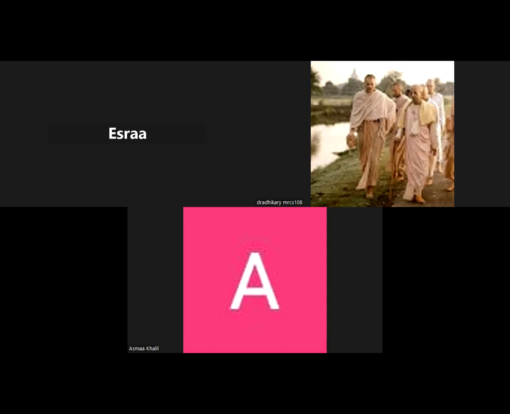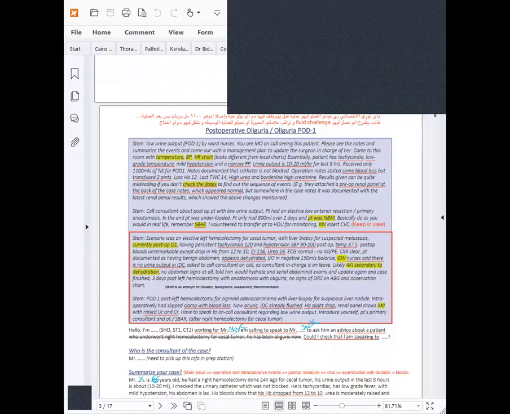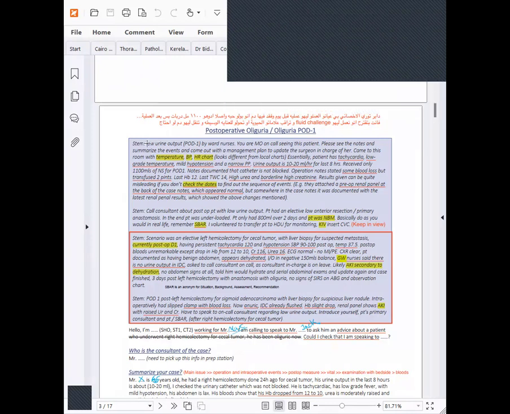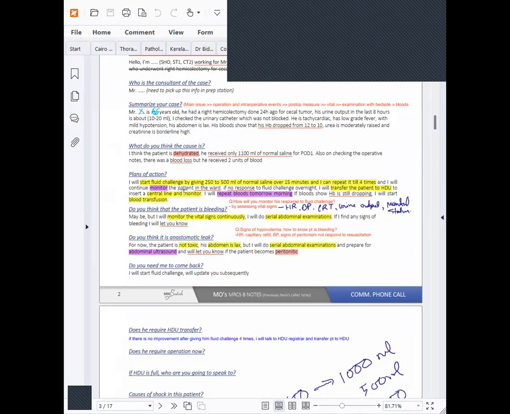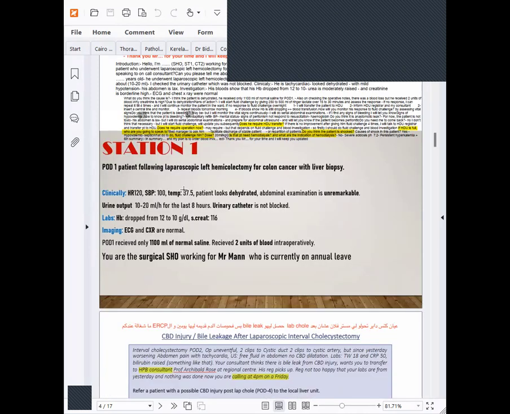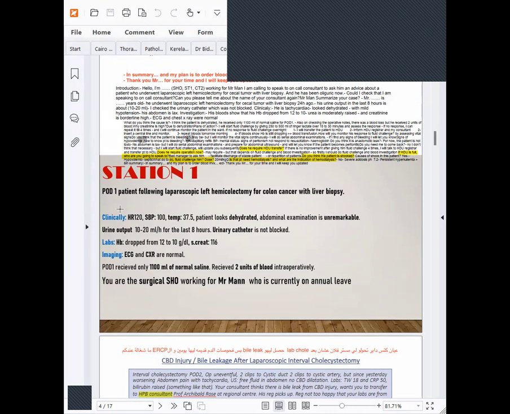Can you see the screen? Yes. Okay, so this is the station. In the real exam, it will be a big file of 7 to 8 pages, like an admitted patient. So many notes will be there: when the patient first consulted, when the junior doctor saw, when the senior doctor saw, what the lab tests were, what operation was done. So many details will be there, and from there, this is a summary.